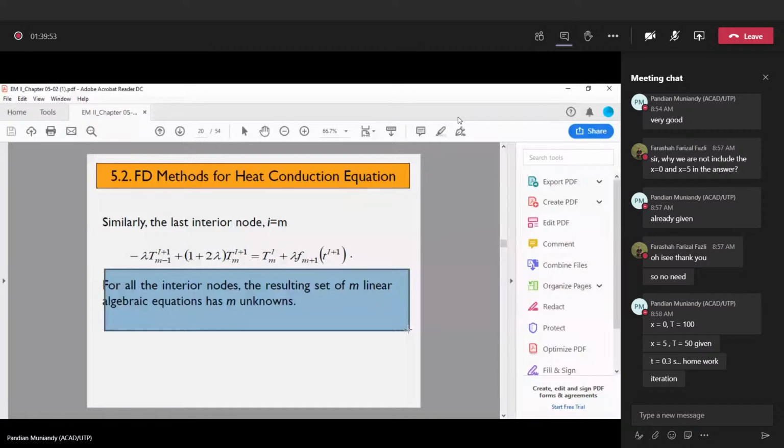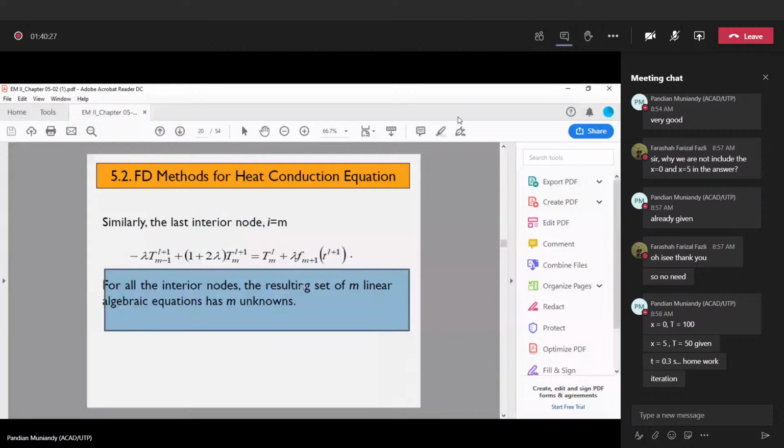Just now you found T1, T2, T3, T4, so you will create a 4 by 4 matrix: 4 linear equations with 4 unknowns, T subscript 1, 2, 3, 4. We fix the example because it is a good example. We learn all these methods using one example so that next time you can do comparative studies.